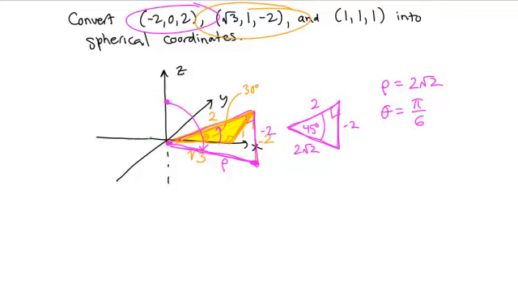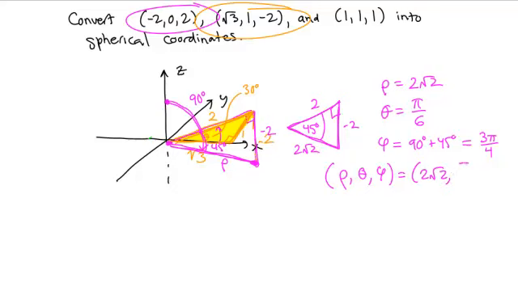So to get to this, starting from the positive z-axis, we would have to go down 90 degrees to get to the xy plane, and then an additional 45 degrees to get down below it. So phi would have to be 90 degrees plus 45 degrees. That's 135 degrees, or 3 pi over 4. Therefore, the spherical coordinates will be rho, theta, phi equals 2 root 2, pi over 6, and 3 pi over 4.